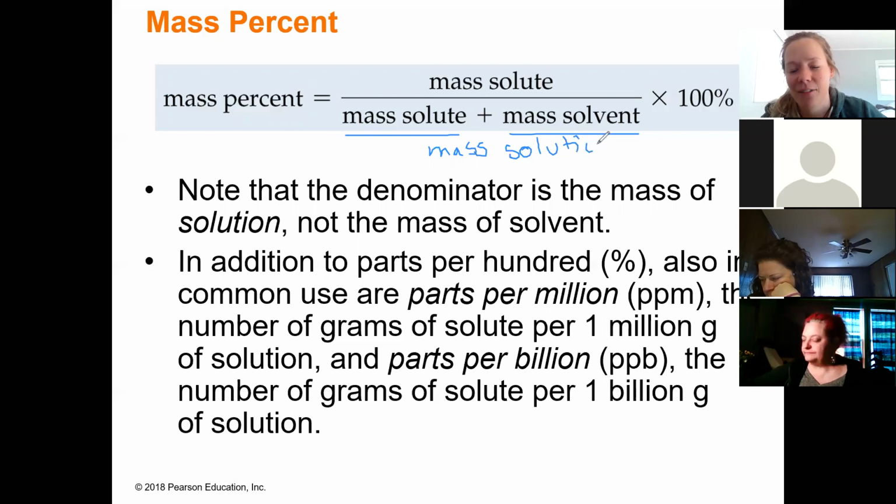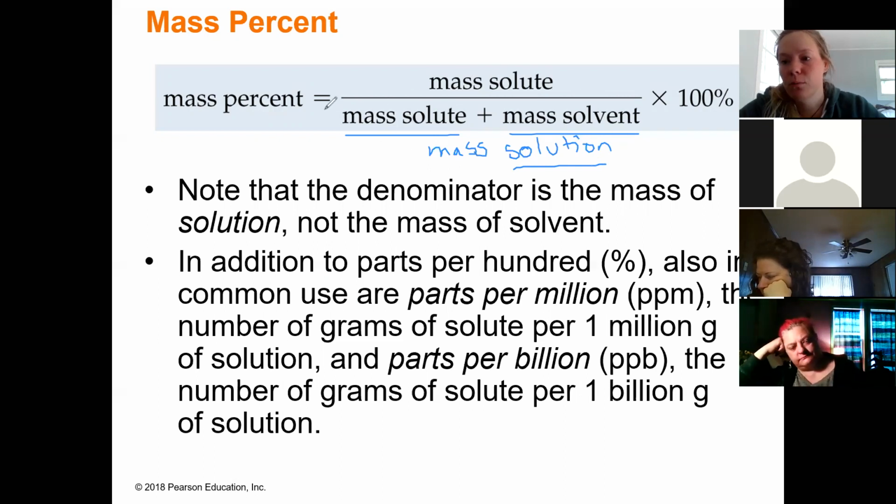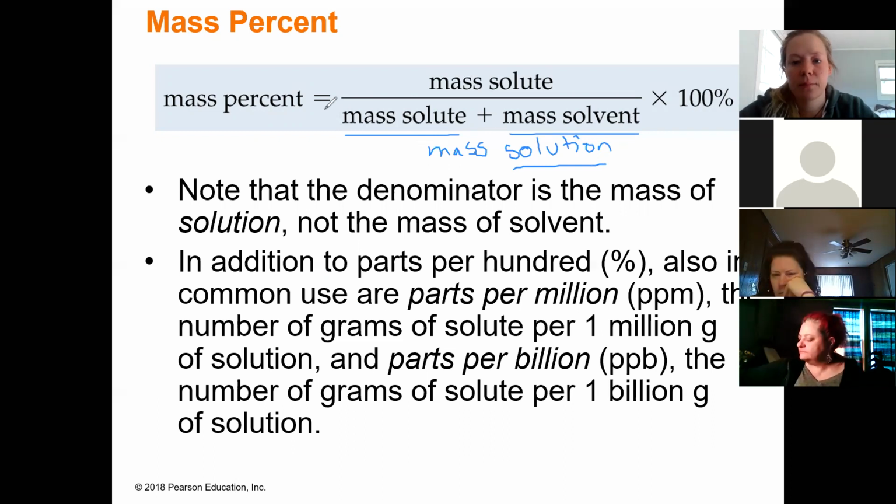Depending on the problem, they may give you the mass of the whole solution and you don't have to calculate it, or they may give you the mass of the solute and the mass of the solvent. Just remember, when you're trying to get that denominator, you have to bring the two together to get the total mass of the solution.